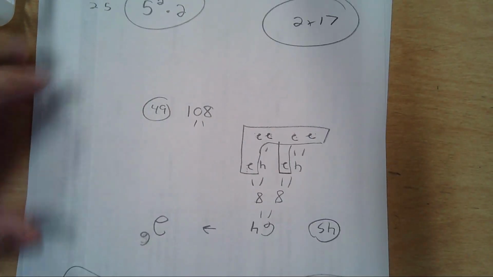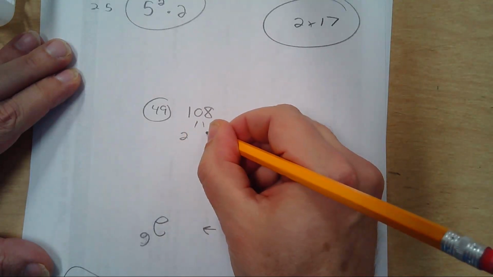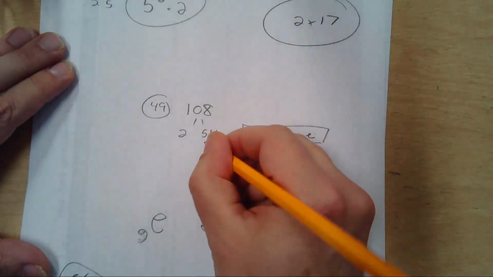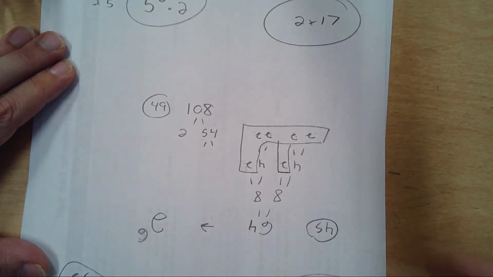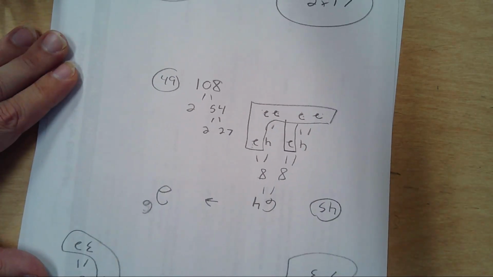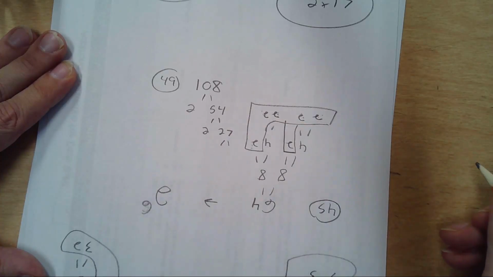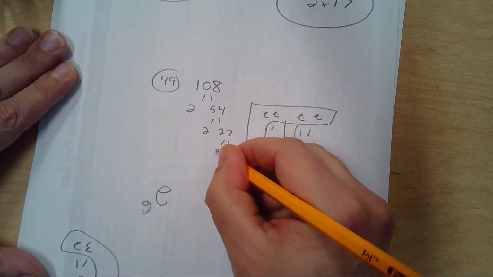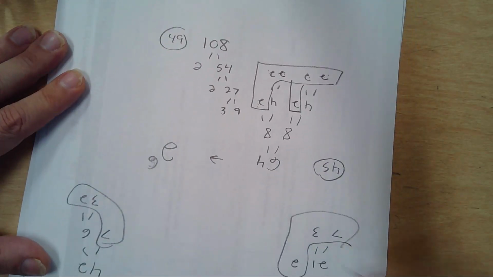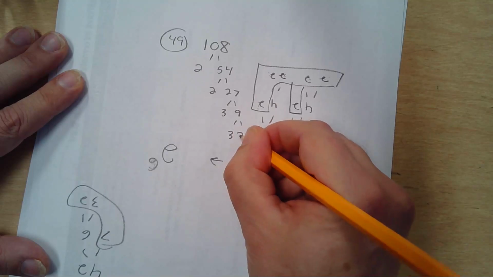2 times 54. Yep. And then 54 is 2 times 27. Okay. And then 27 is 3 times 9. Okay. And then 9 is 3 times 3. Good.